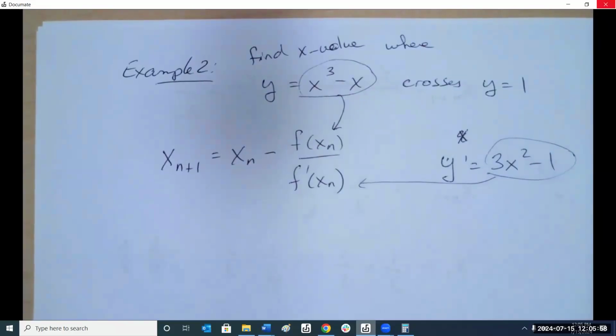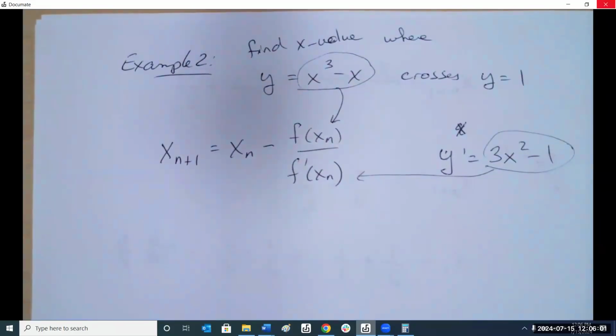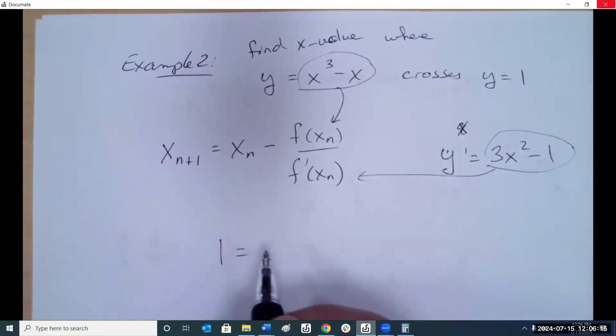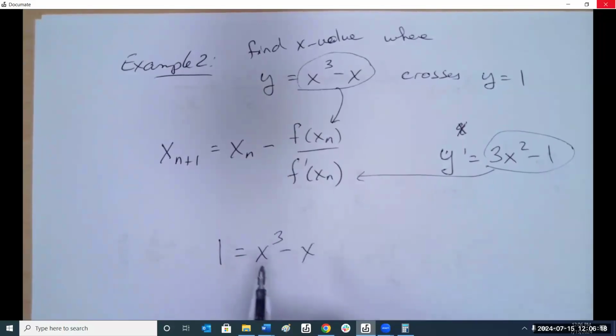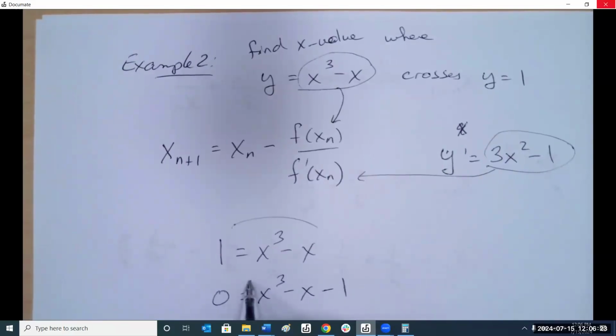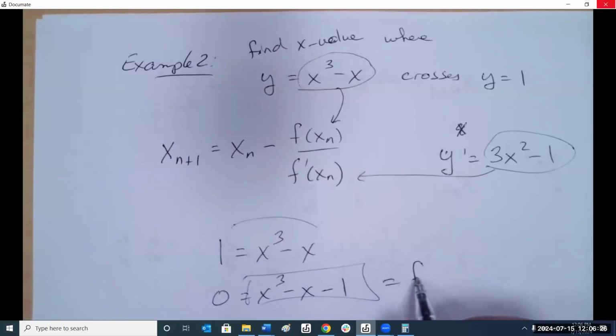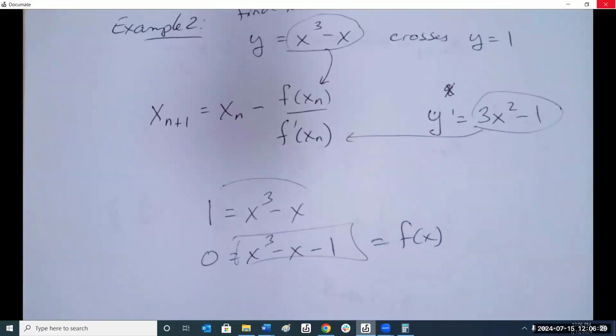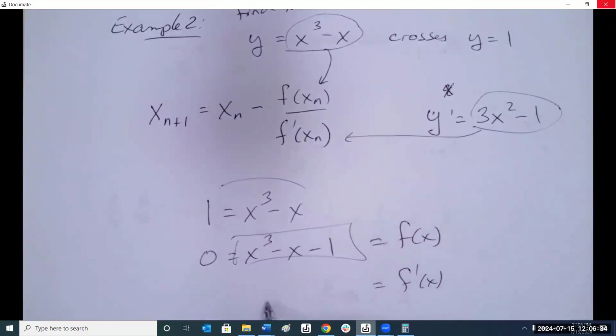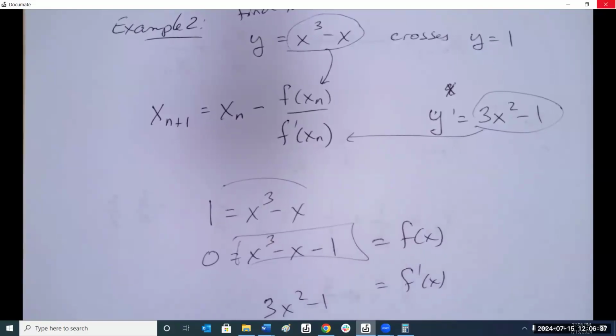That's the bottom. Where it equals 1. That's f of x. F prime of x is 3x² minus 1.